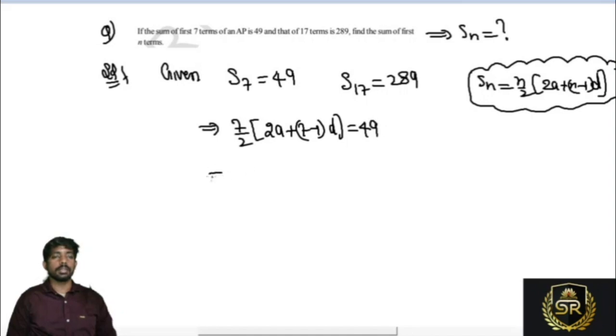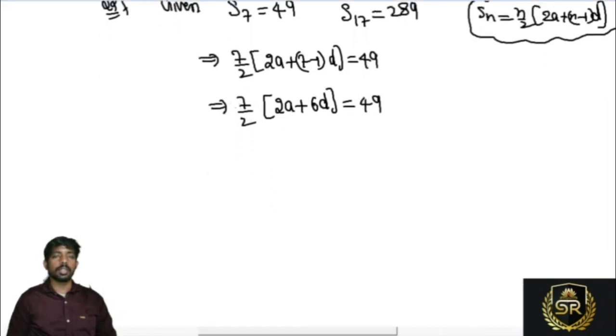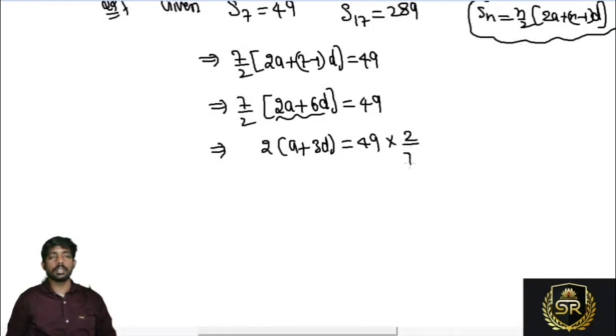So 7 minus 1 is 6. I'm sending 7 by 2 to the right hand side, and in this bracket taking 2 common, a plus 3d is equal to 49. If I send this to the right hand side, I get the reciprocal, 2 by 7.